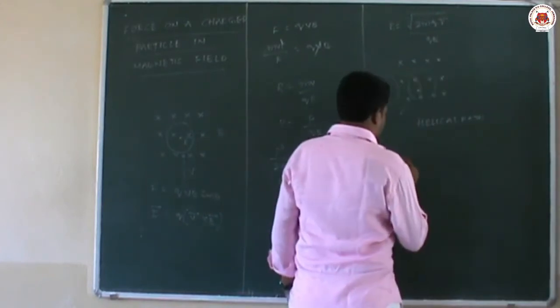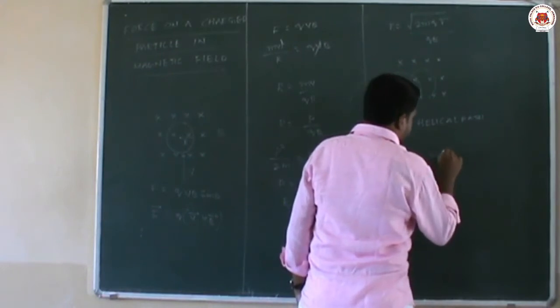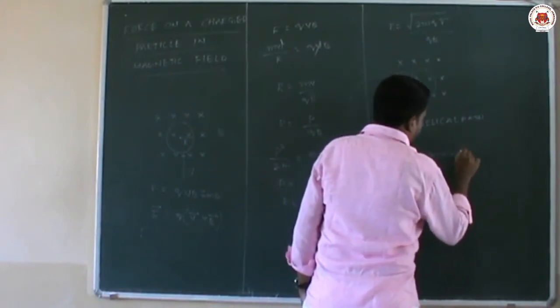Then, in that case, radius is equal to mv sin theta by qB.